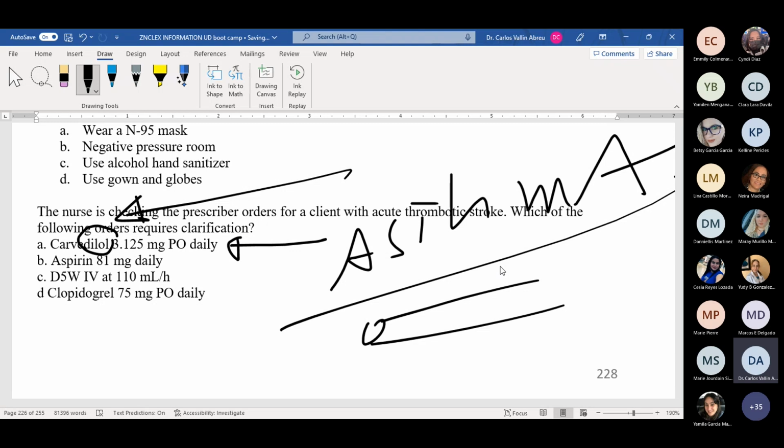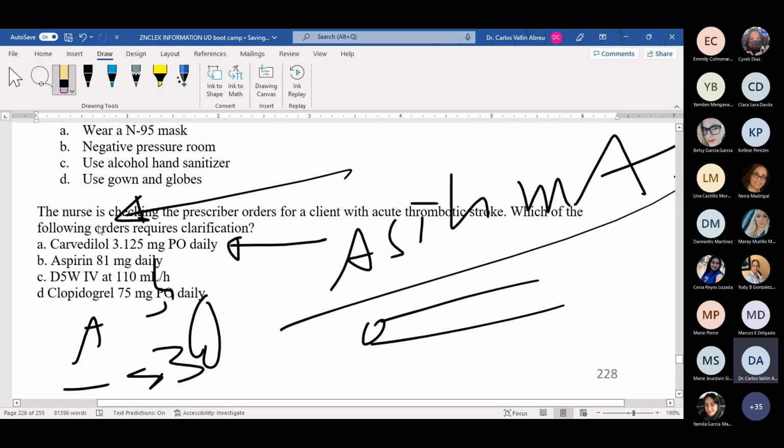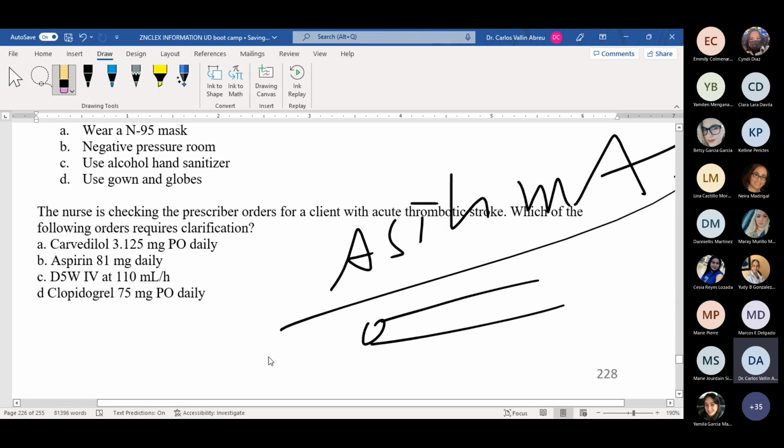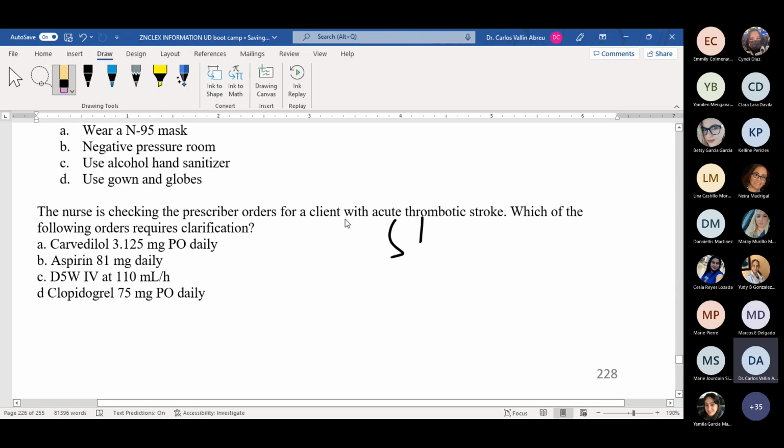But I don't see that here. Of course, another contraindication is somebody with an AV block with a heart rate of 30. But in this case, I don't think it is the beta blocker. I think it's the IV fluids.